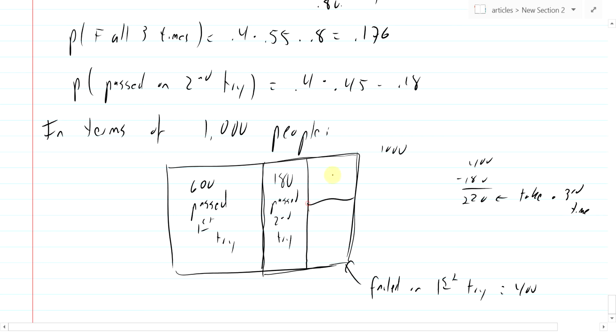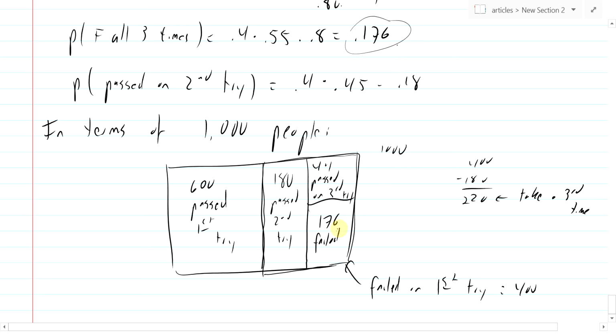And so 44 passed on the third try. So 44 of the 220 passed on the third try. That means 176 failed. So if we look at our batch of 1,000 people, 600 passed on the first try, 180 passed on the second try, 44 passed on the third try, 176 failed altogether. So there's our 176.